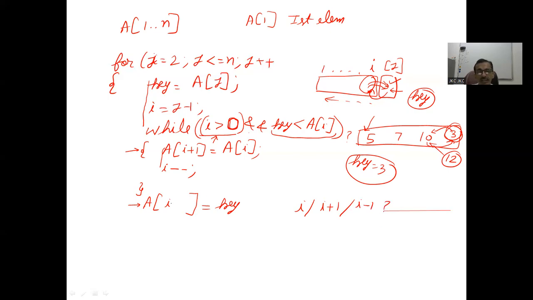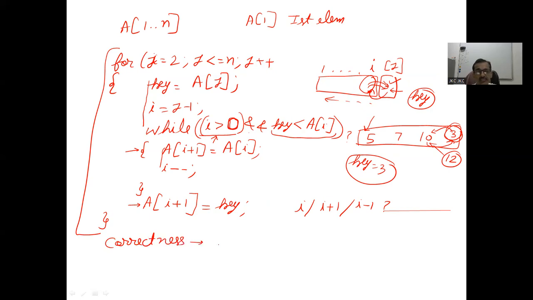So if I think carefully without wasting much time, I can say it will be A i plus 1. This process is to be repeated, and I can say this is my total logic. Now, knowing this, once I have written this code, the first thing will be that the correctness of this code should be verified.